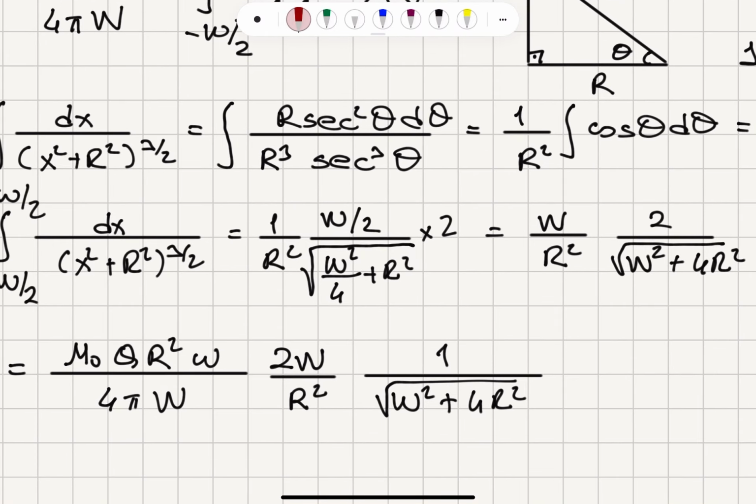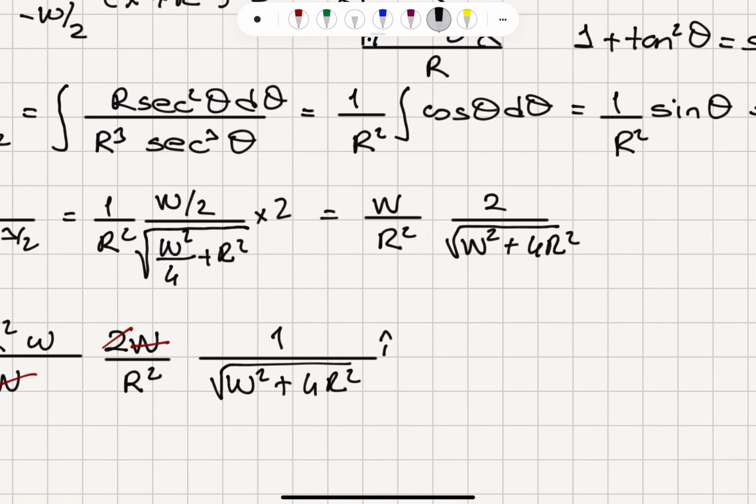So this 2 will make, w's will disappear, this 2 will make the bottom 2 pi, and this is in i hat direction.